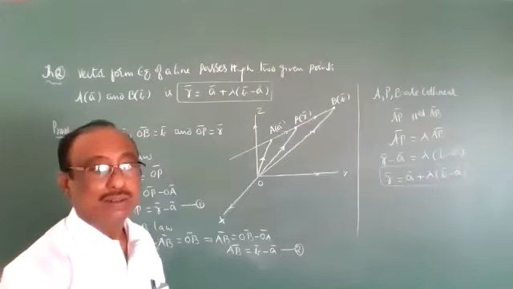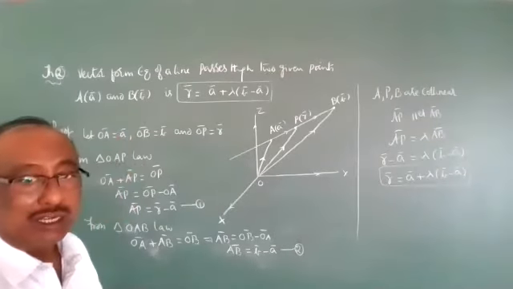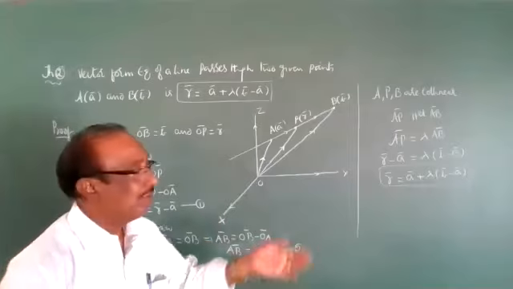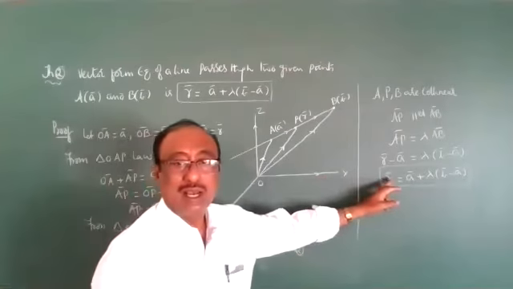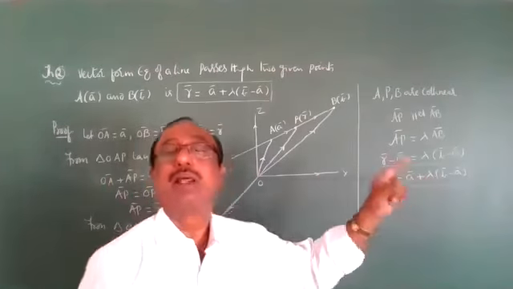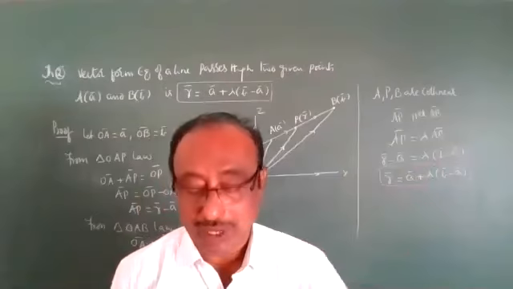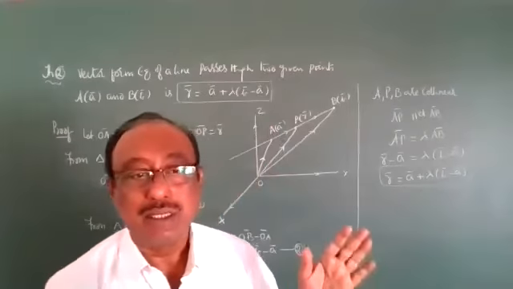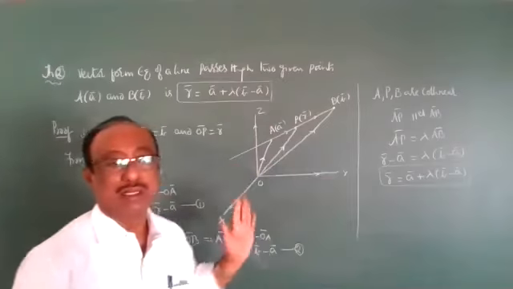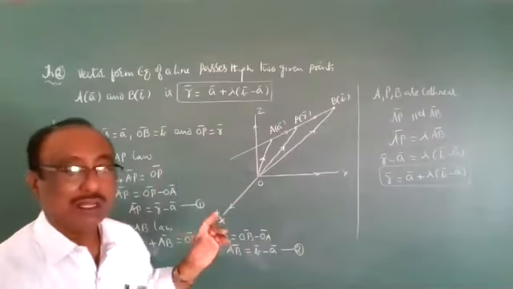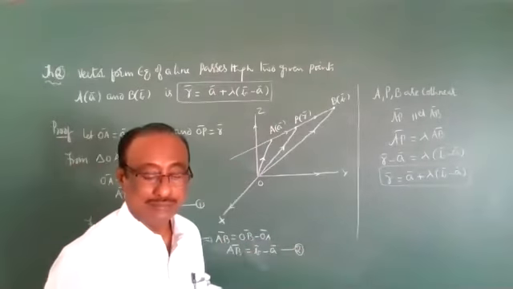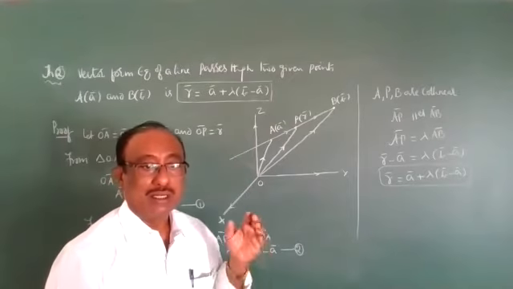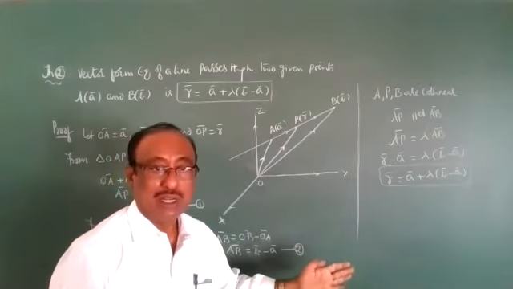Next, the Cartesian form. Every vector equation has some lambda into the vector B bar minus A bar, so remember that. The Cartesian form is coordinate geometry.